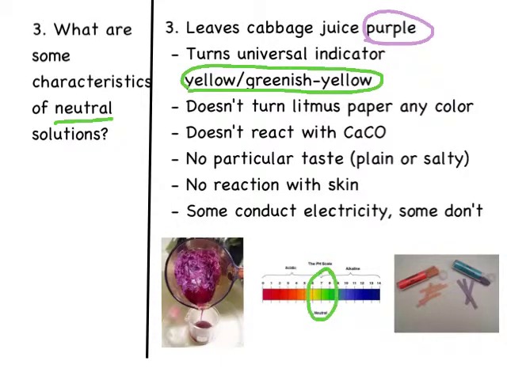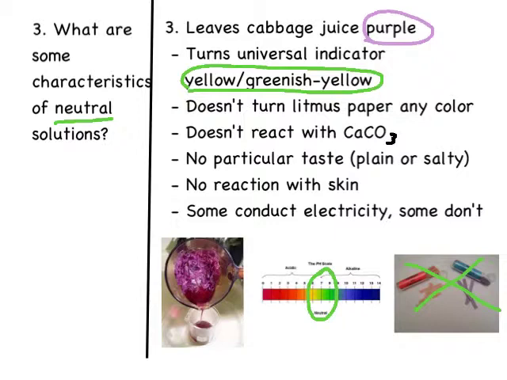They don't turn the litmus paper any color, so the red stays red and the blue stays blue. There's no change in color at all. And just like the bases, they don't react with our calcium carbonate either. Neutral solutions don't really have a particular taste. Some taste plain, some taste salty.